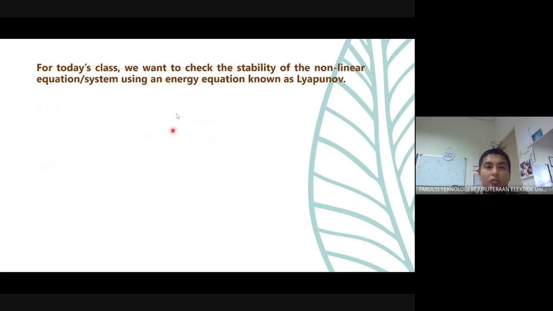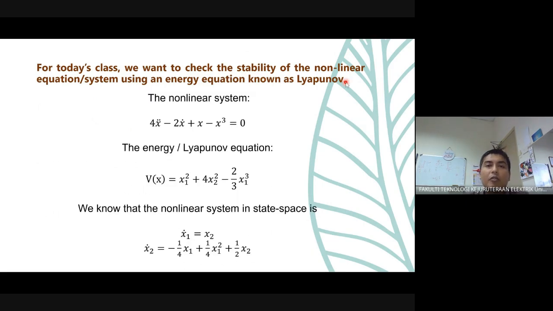For today, we want to check the stability of the nonlinear system using an energy equation known as Lyapunov. This is the final part. Previously we had this nonlinear system, the state space, the equilibrium point, and the linearization of the nonlinear system.